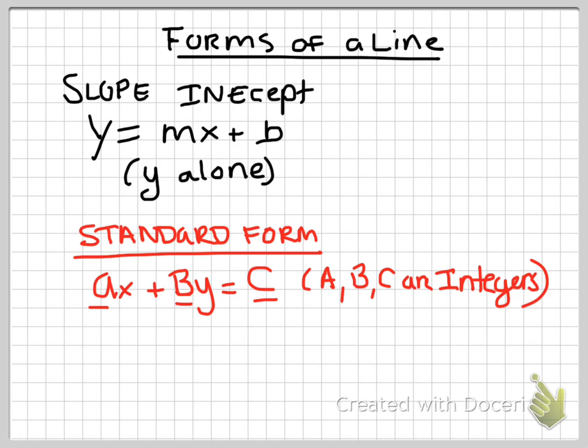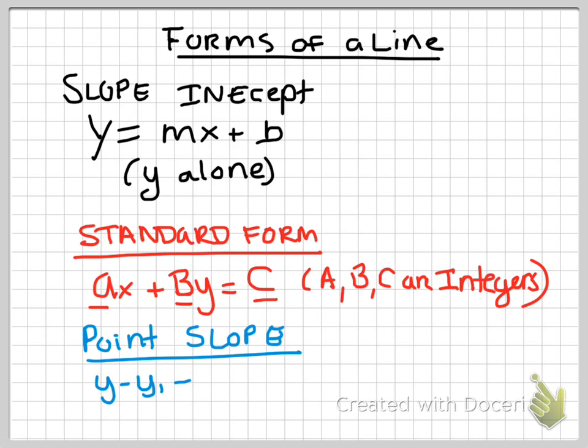The last form of a line is called point slope, and that is where we have y minus y1 is equal to m times the quantity x minus x1.